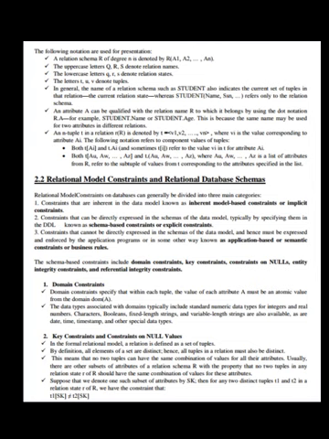Constraints on databases can generally be divided into three main categories: constraints that are inherent in the data model, known as inherent model-based constraints or implicit constraints; constraints that can be directly expressed in the schema of the data model, typically by specifying them in the DDL, known as schema-based constraints or explicit constraints; and constraints that cannot be directly expressed in the schema of the model and hence must be expressed and enforced by the application programs or in some other way, known as application-based or semantic constraints, or business rules.